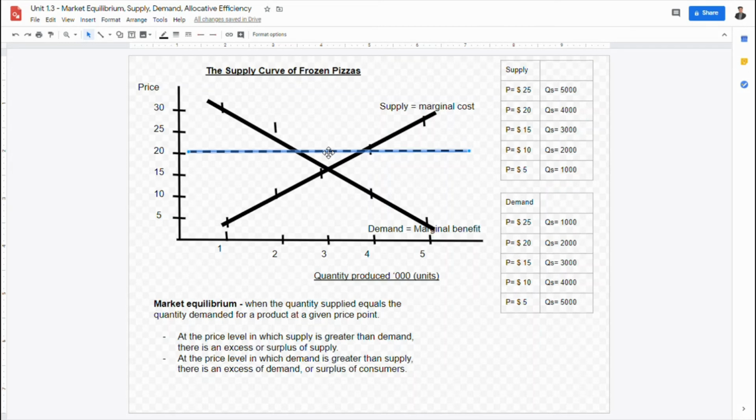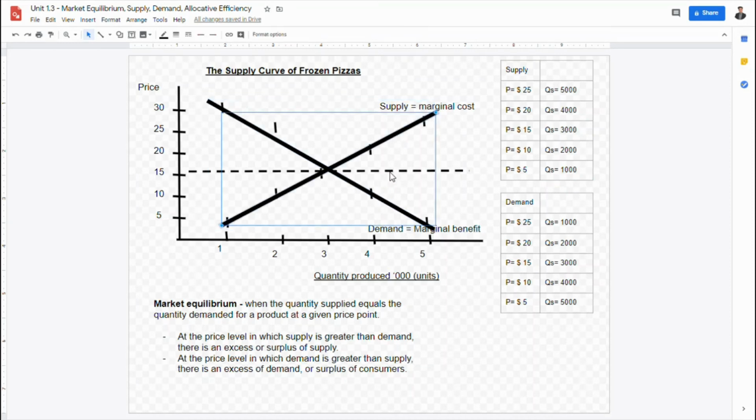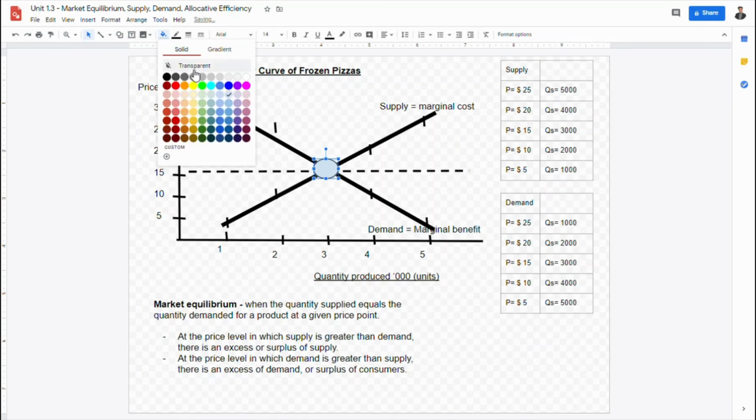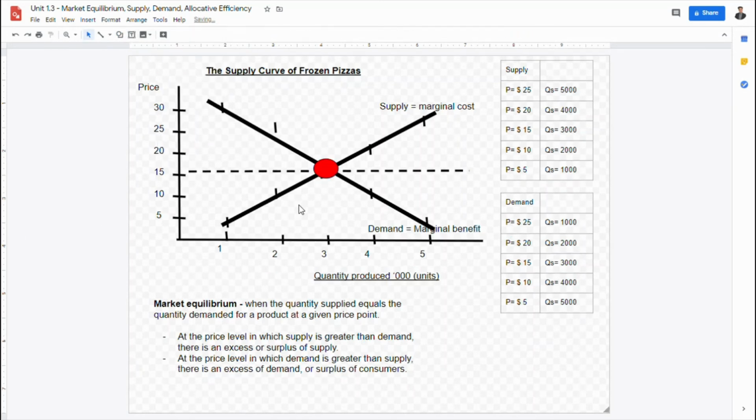Now, allocative efficiency comes in when the demand curve, as highlighted right here, and the supply curve meet. At this point, this red point illustrates the market equilibrium price and quantity.